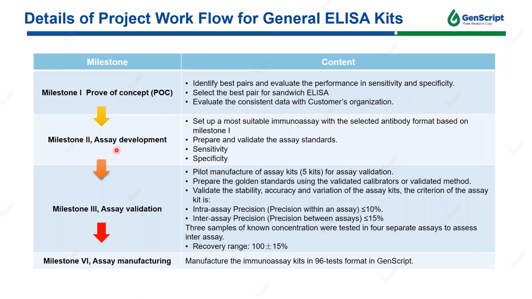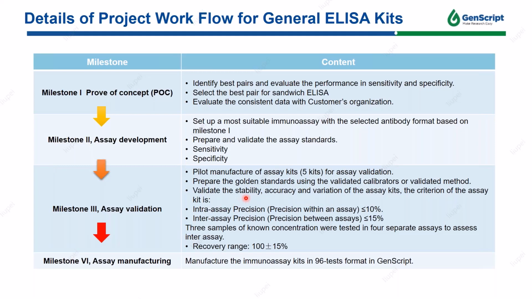For milestone 2, for the assay development, we will prepare and validate the assay standards and test the sensitivity and specificity. Milestone 3, we will manufacture 5 kits for the assay validation.